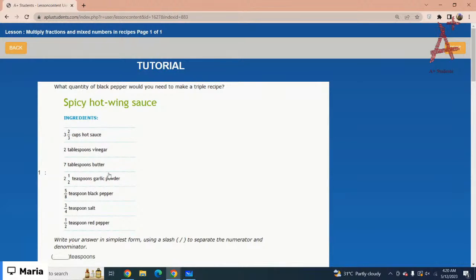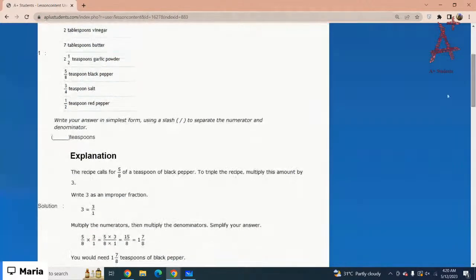And you are going to triple the recipe, means you are going to multiply the ingredients by 3. So it would be 5 by 8 times 3. It would be 5 times 3 is 15 by 8. That means when you are going to triple the recipe, you need 1 whole 7 by 8 of the black pepper. Got it?